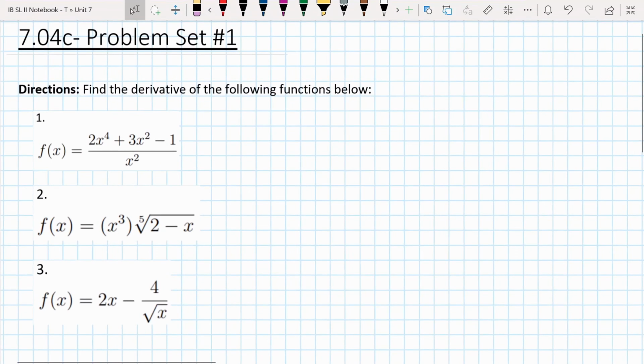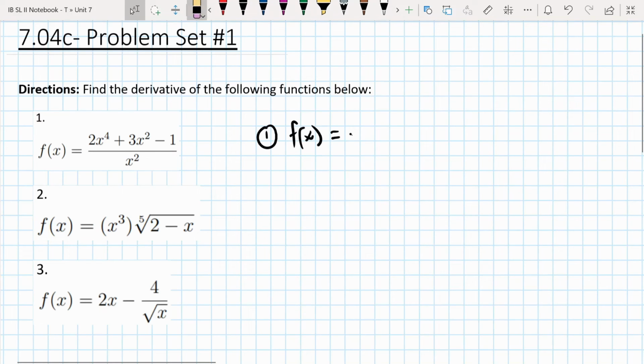And so let's find the derivative of each of these three functions. So number 1, again, you could try to use the quotient rule here, but it might be easier to simplify it first. So let's simplify this by splitting up into 3 fractions.